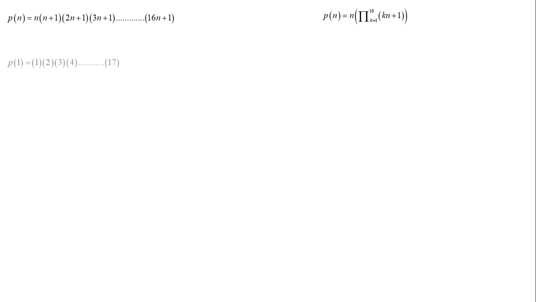When we substitute n equals 1, we obtain b1 equals 1 times 2 times 3 times 4 and so on till we reach 17, and this will equal 17 factorial, and we can rewrite this number in terms of its prime factors.